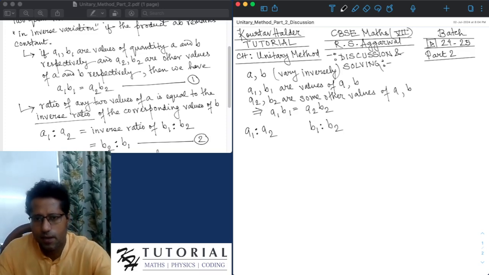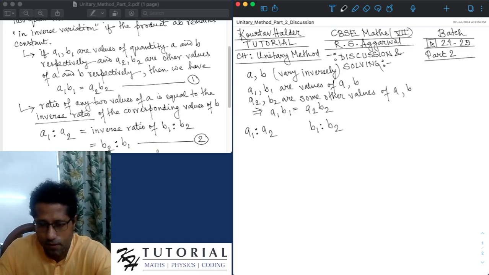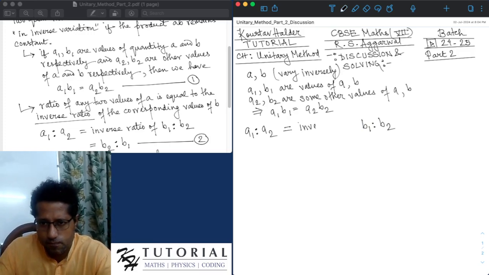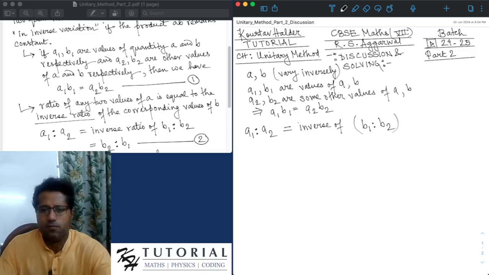Now the ratio A1 is to A2 will be equal to the inverse ratio of B1 is to B2.